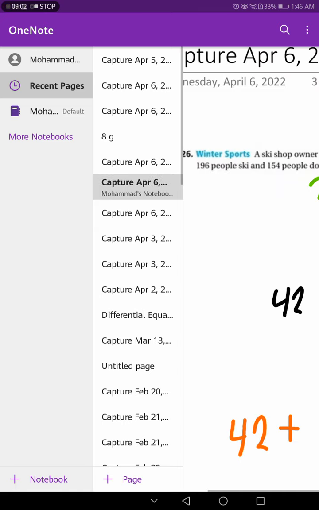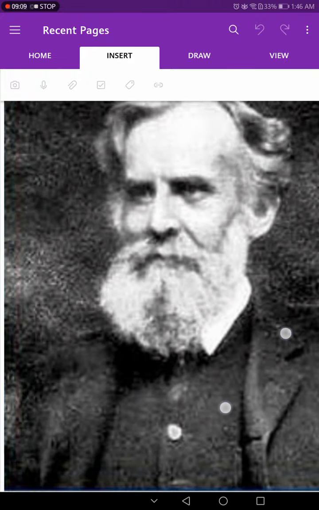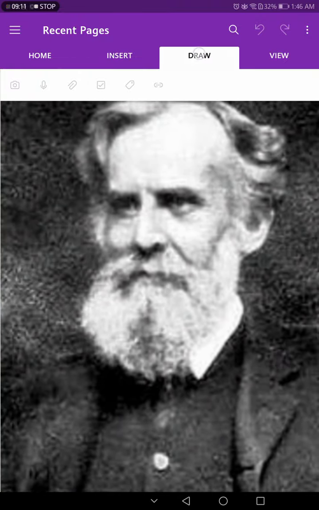Yes, here it is. Let me introduce for you John Venn. This math scientist gave us the Venn diagram, which helps us to find the intersection and union between sets.